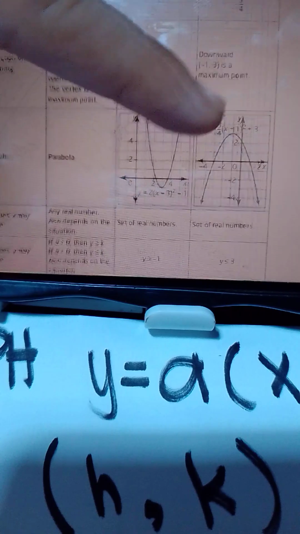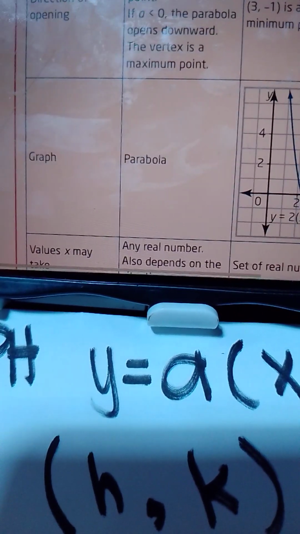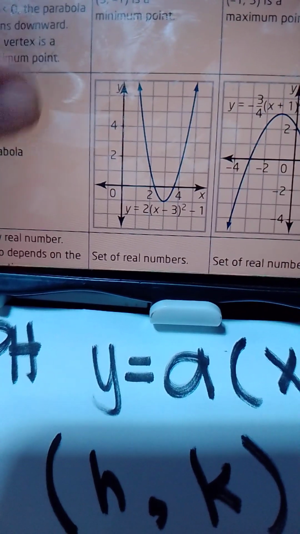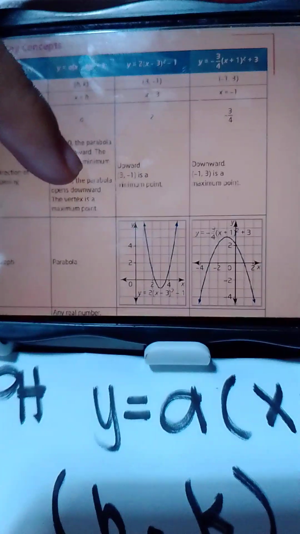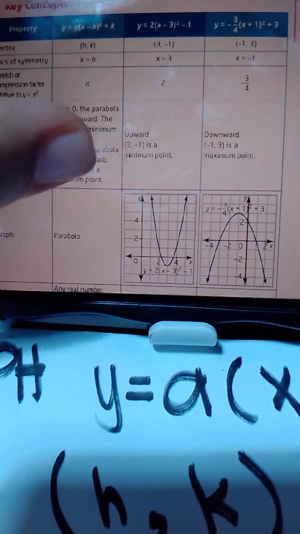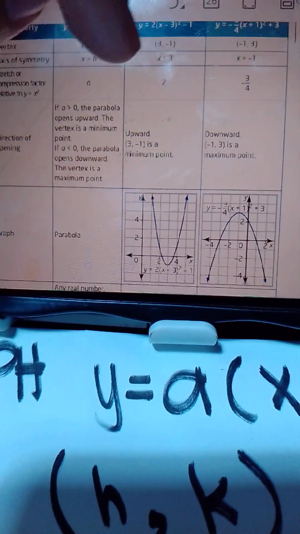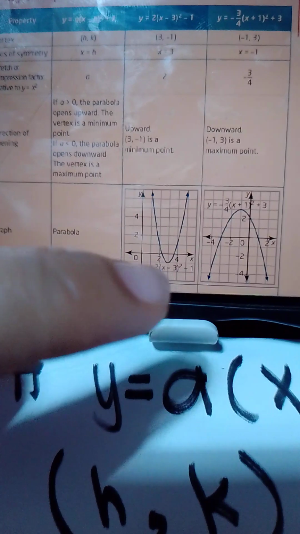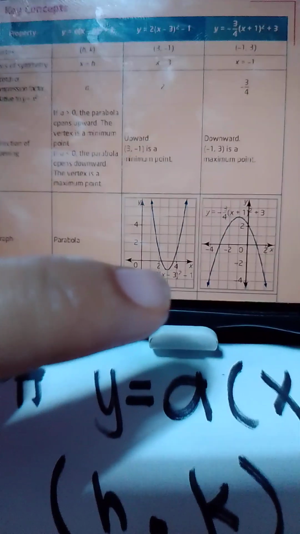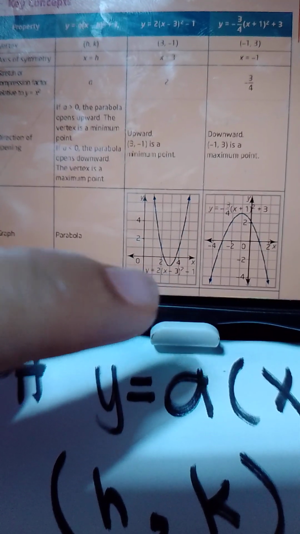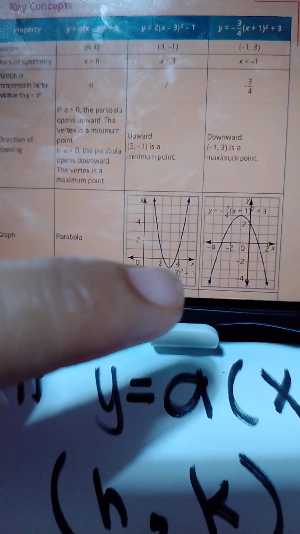So we have here the graph of the parabola. We already have the vertex, so we'll plot the vertex first. We have 3 and negative 1. It is 3 on the x-axis.